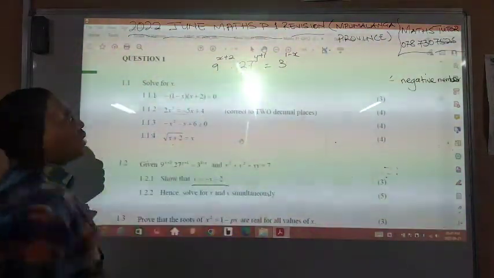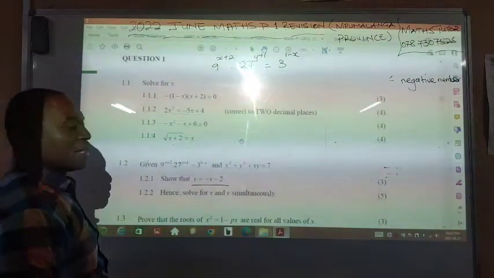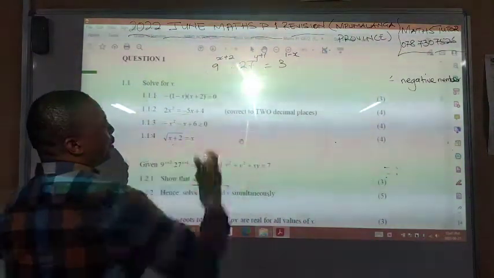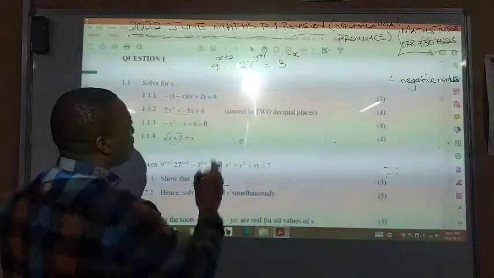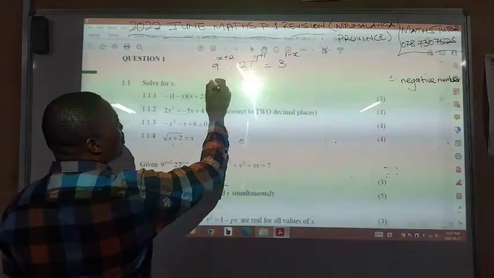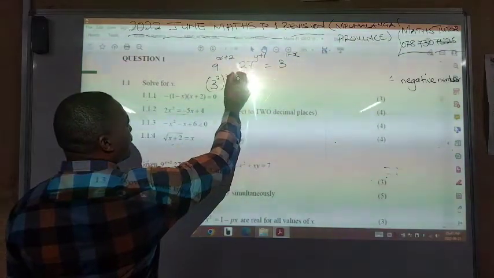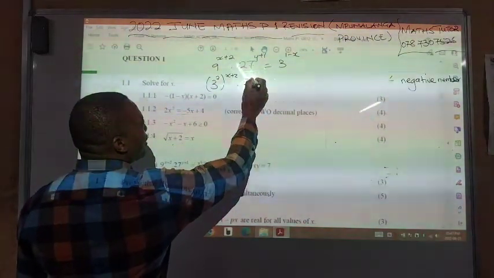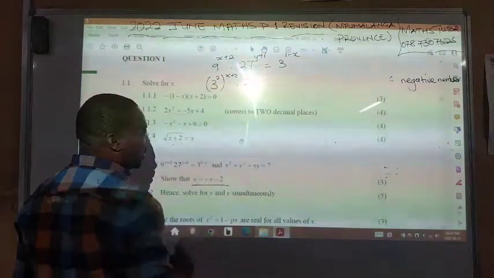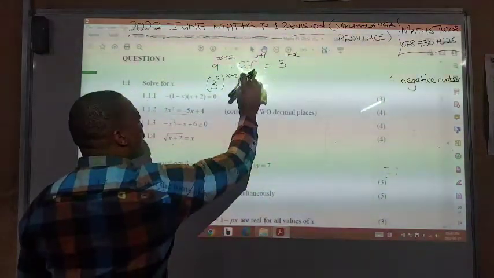Now, if we look at 9 and 27, a good mathematician will definitely see that there is a relationship on the bases there. So this will be 3 to the power 2 raised to the power x plus 2 times 27, we write it as 3 to the power 3.